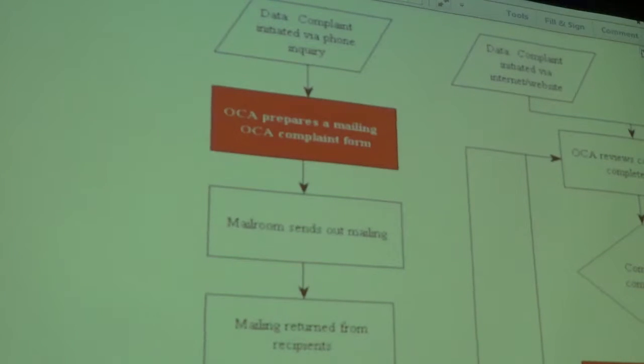Once the form is mailed, then when was the form mailed? If the mail room is at the office of OCA. Unfortunately, the mailing room for Nassau County is centralized, so the forms need to be sent out through the centralized mail office. And again, that affects processing time, because if the mail is held for a couple of days and then issued out, that affects processing time. And that also means there's a data gap, because OCA has no control as to when the centralized mailing office actually mails the form.